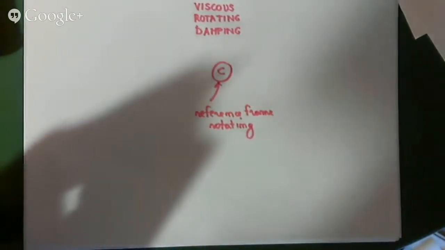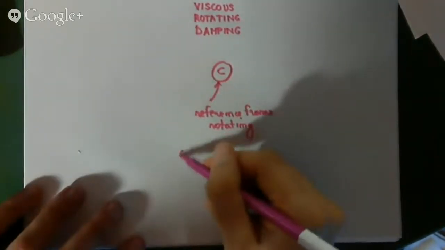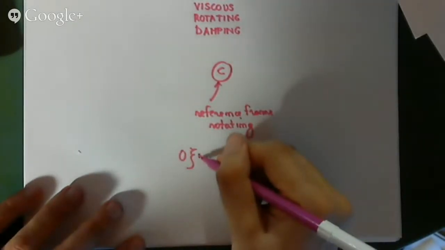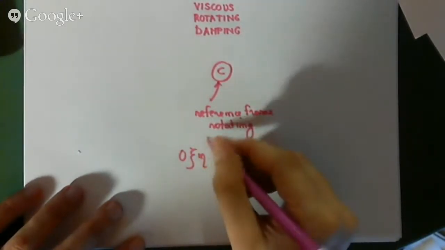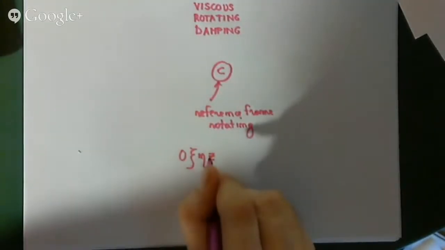It follows that for the study of rotating damping, a rotating reference frame O, zeta, nu, and z must be introduced.